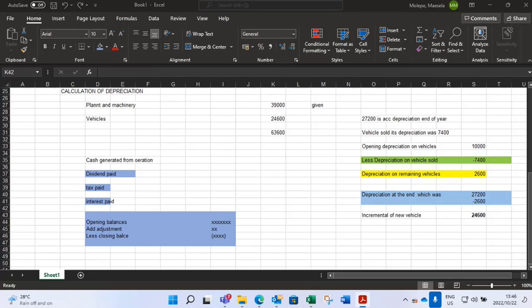So the interest paid of 5.3, that's calculated by taking, you're going to go to, you've got 7.3 as your statement of profit and loss. They give you 7.3 balance there. And then let's see if there's any adjustment regarding the interest.